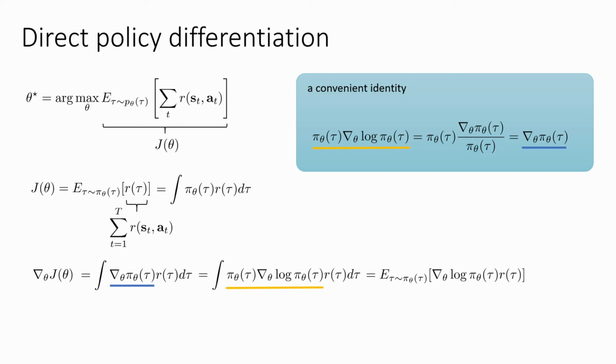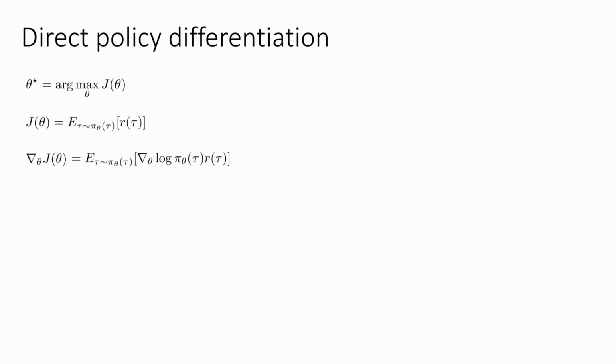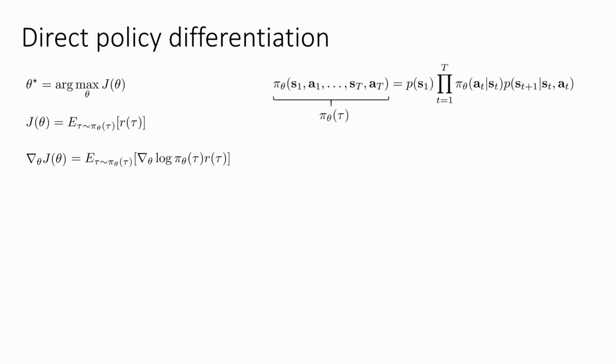Okay, now we're not quite out of the woods yet because we still need to figure out what this grad log pi actually is equal to. So let's work on that a little bit. Here we're going to bring back our equation for the distribution over trajectories. So this is the pi theta of tau, and this is what it's equal to. And because we're after grad log pi theta of tau, I'll take the logarithm of both sides.